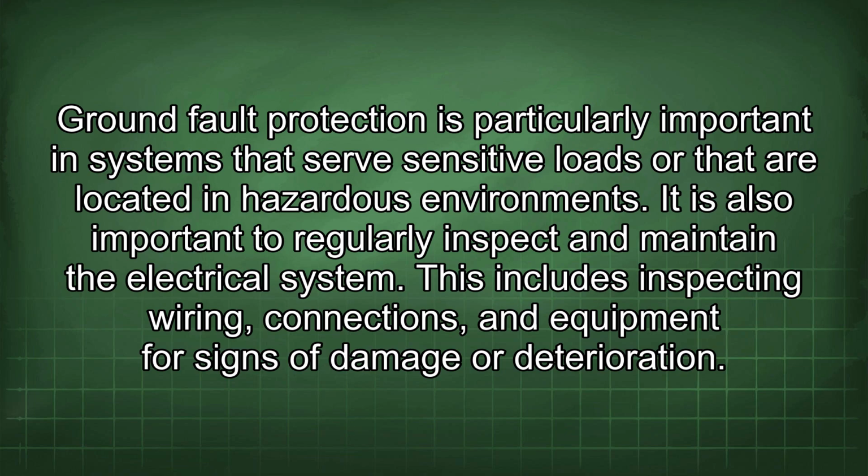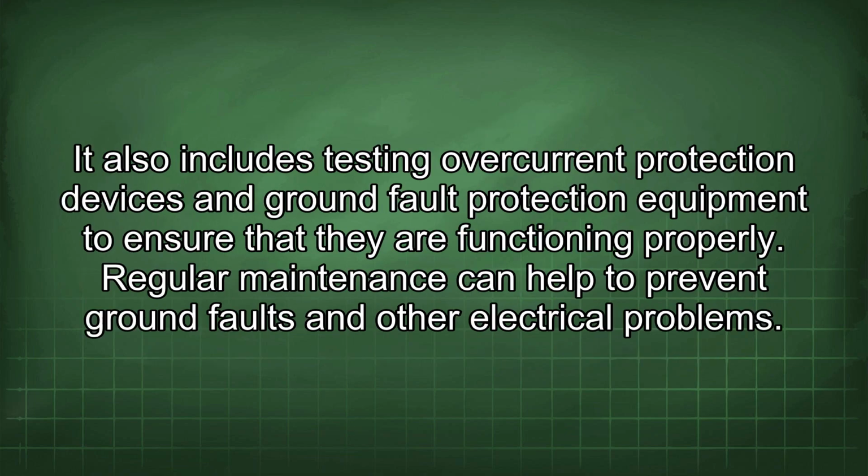It is also important to regularly inspect and maintain the electrical system. This includes inspecting wiring, connections, and equipment for signs of damage or deterioration. It also includes testing overcurrent protection devices and ground fault protection equipment to ensure that they are functioning properly. Regular maintenance can help to prevent ground faults and other electrical problems.